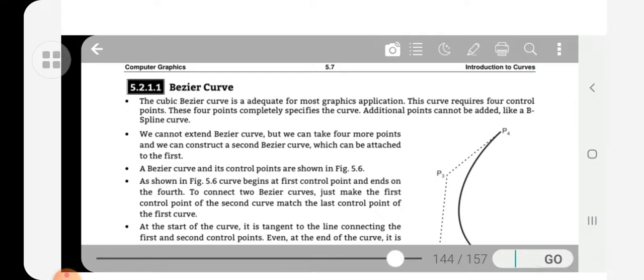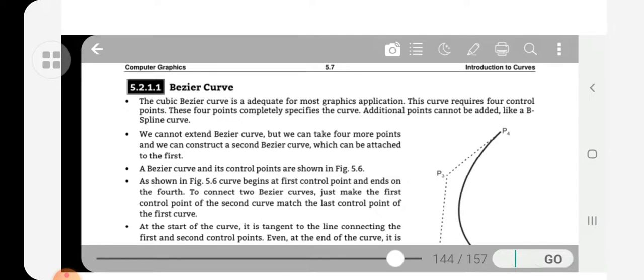Additional points cannot be added like in a B-spline curve. We cannot extend the Bezier curve, but we can take 4 more points and construct a second Bezier curve which can be attached to the first.